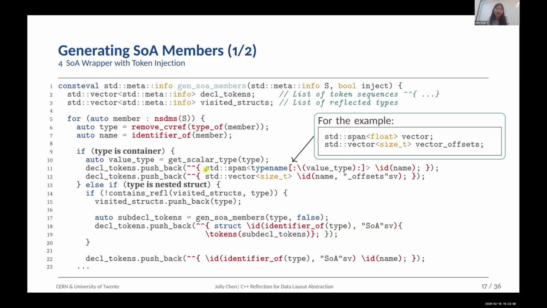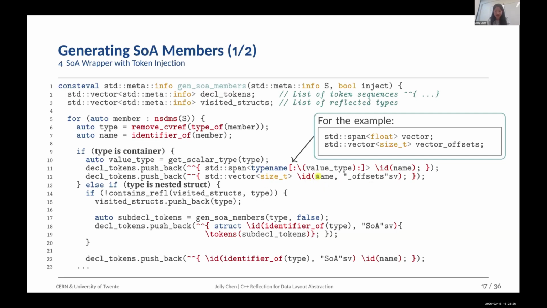And instead of having to use substitute to create this std span float, we can just directly type std span. In this case, we splice the data type of the original structure, and then we specify the identifier of the original data member.